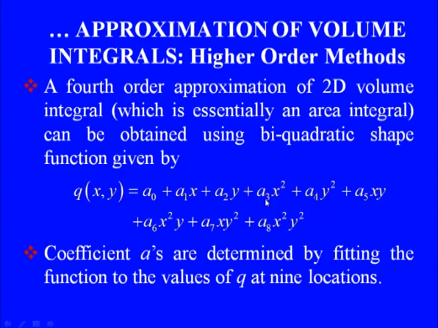Now, these coefficients a0 to a8 are determined by fitting the function to the function values at 9 locations. We have these 9 unknowns, so we will fit them at 9 locations, and we can obtain the values of these coefficients in terms of the nodal values of the function.